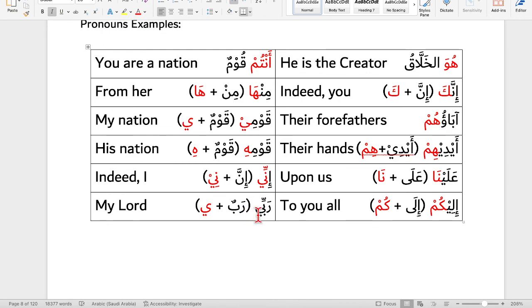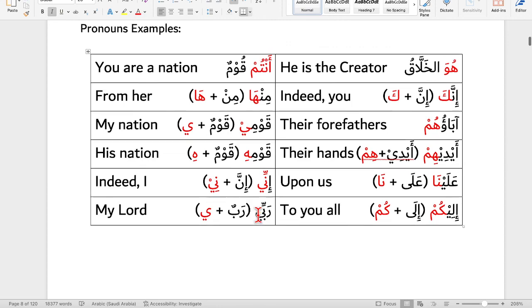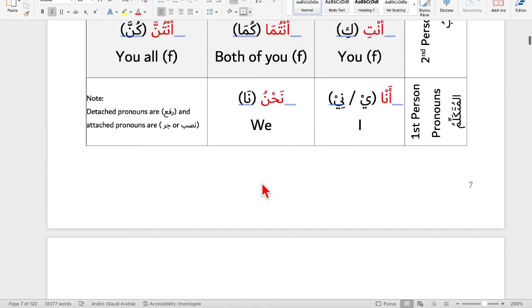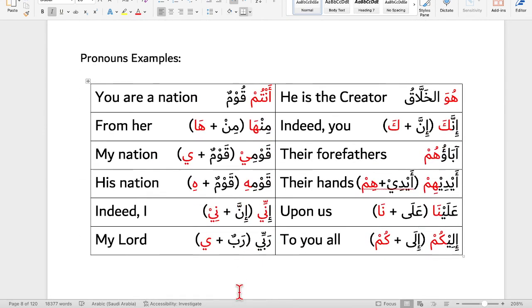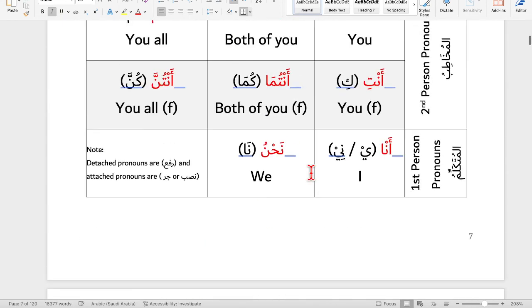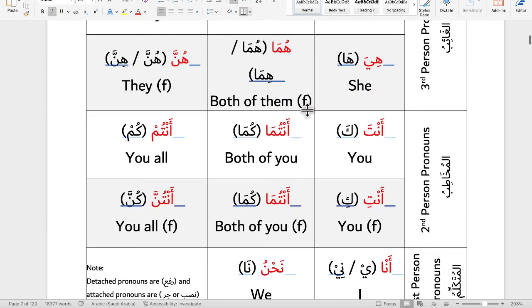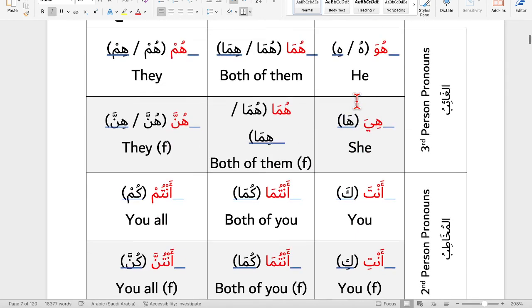If you say Rabbuna, na is the attached pronoun for us, like nahnu, our Lord. Rabbuhu, his Lord. Rabbuka, your Lord. Rabbuhum, their Lord. So you can attach any of these pronouns with Rabb and the meaning will change.